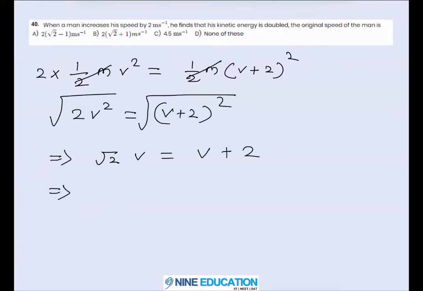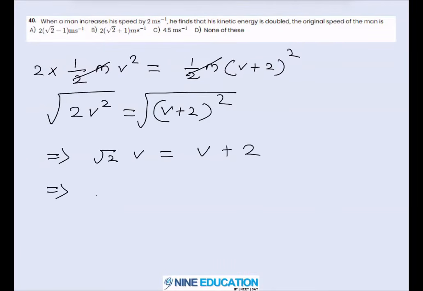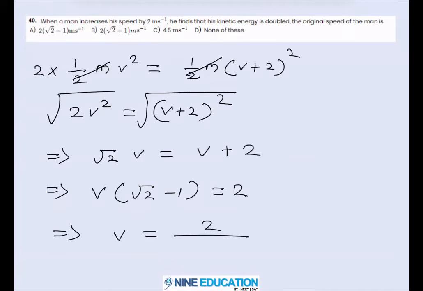Then take this v to the LHS, and this will come out to be v into (root 2 minus 1) is equal to 2, or v is equal to 2 by (root 2 minus 1). Now, if you rationalize it properly, then this will become 2 into (root 2 plus 1) meter per second.